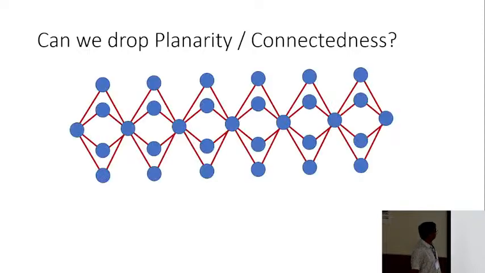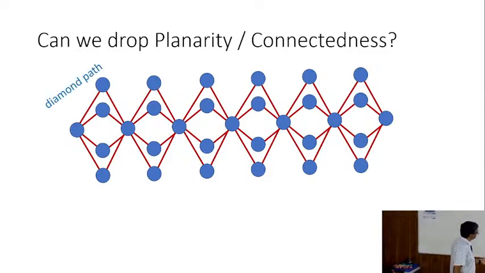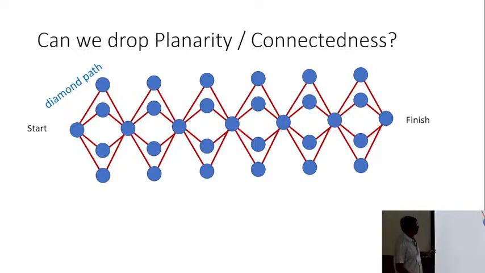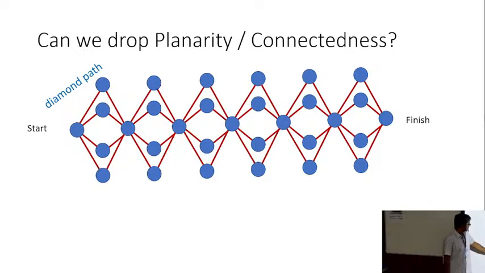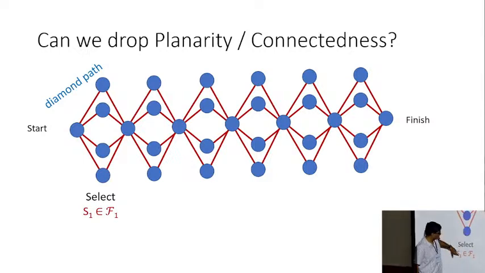Okay, so let's see. Whatever reduction we just now saw, let me make it slightly different: a diamond path. So you start and finish. Now imagine that you are given a set family F1, and you have a vertex for each set in this set family.